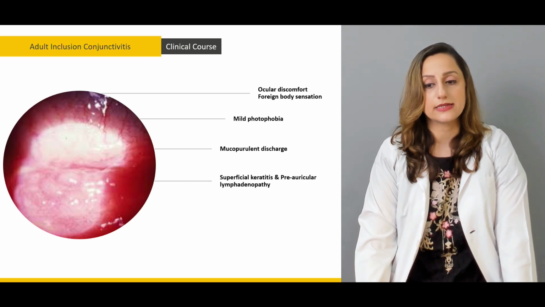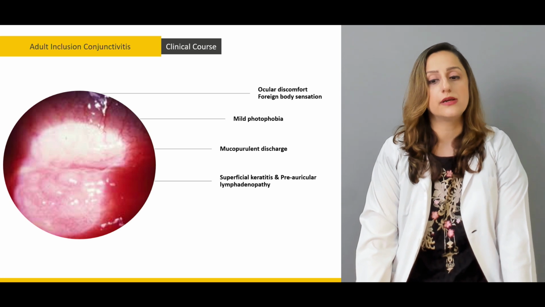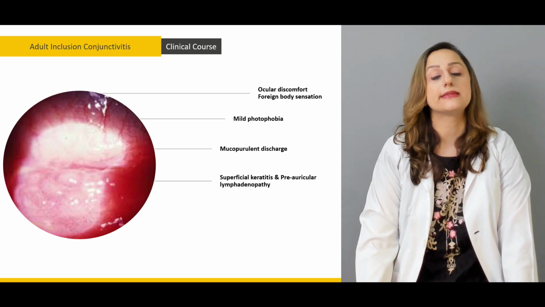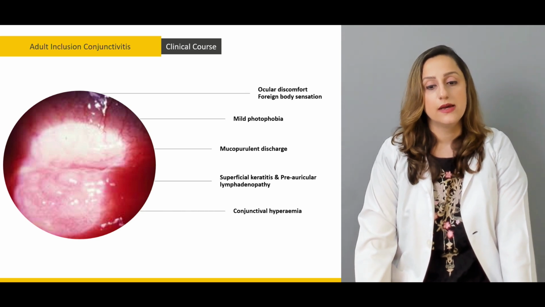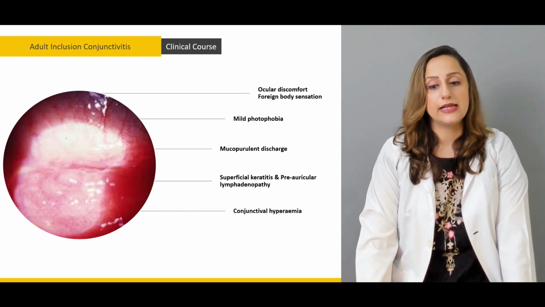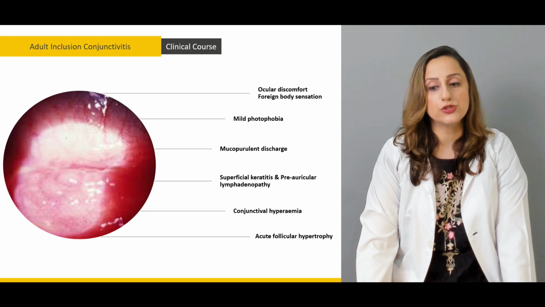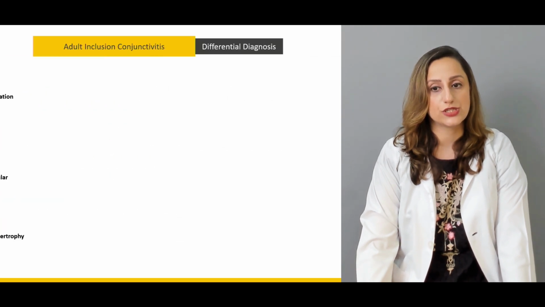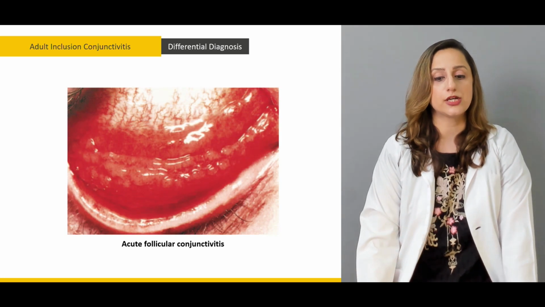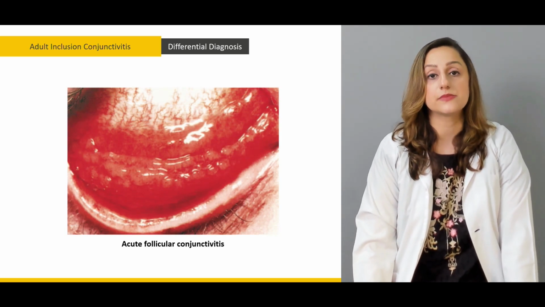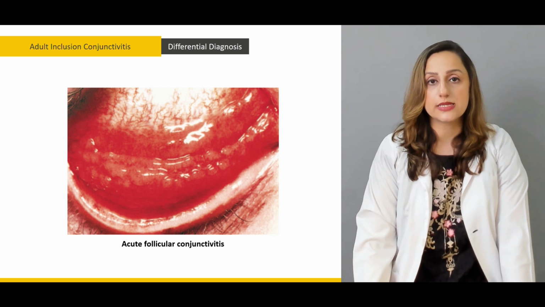Superficial keratitis or preauricular, submental, and submandibular lymphadenopathy has to be observed as well. Then there is conjunctival hyperemia and acute follicular hypertrophy noted in these patients. The differentials would include acute follicular conjunctivitis, which can sometimes be confused with inclusion conjunctivitis.